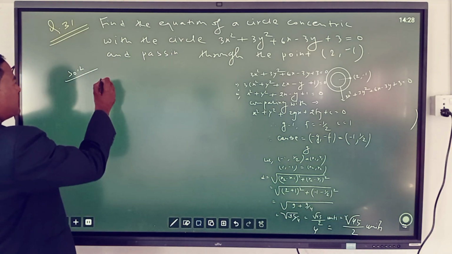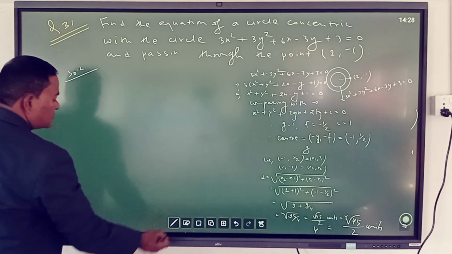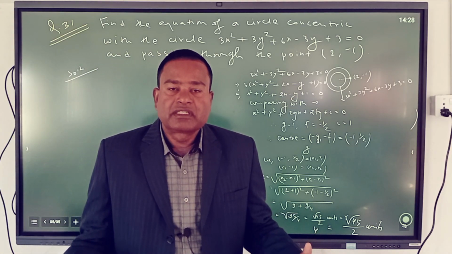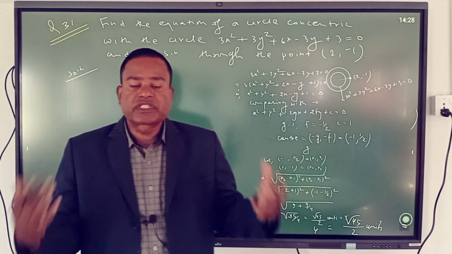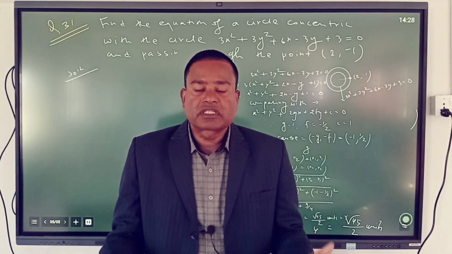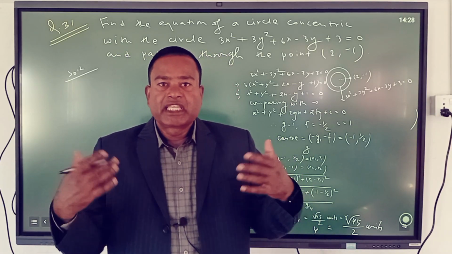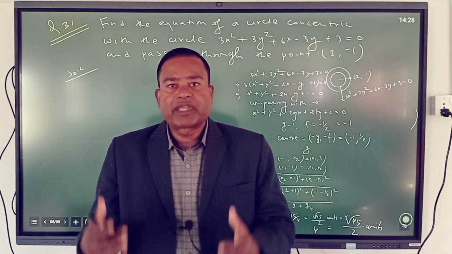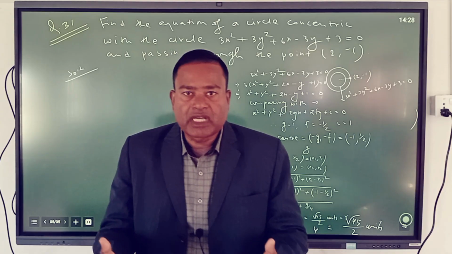So dear student, if center and radius is given, in that case we use the equation of circle in the central form. The equation of a circle in the central form is given by the formula x minus h whole square plus y minus k whole square equals r square.